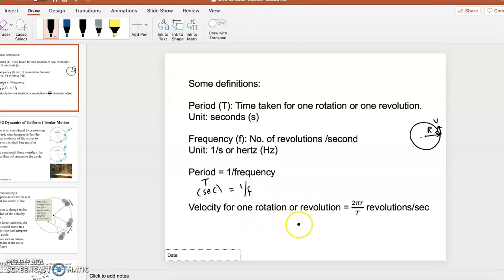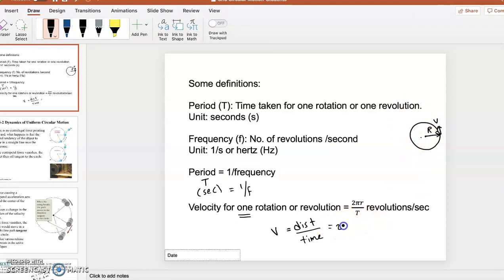And again, for the velocity of one rotation, because here we say the number of revolutions, so for one rotation, it is distance. The velocity is distance divided by time. And the distance is the circumference of the circle, because this is where the car is moving.